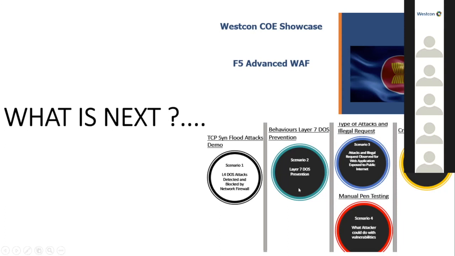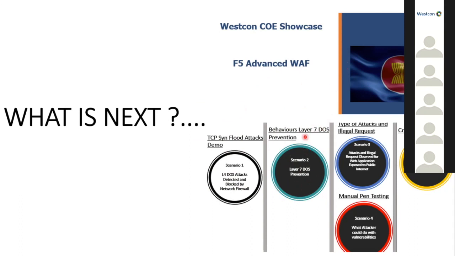In scenario one, we will launch a layer 4 SYN flood attack, and this SYN flood attack can be blocked by the network firewall. So this will be handled by the next-gen firewall of other vendors. In the next scenario, we will trigger a layer 7 DoS attack. What we know is that a network firewall is not able to block layer 7, but we have included F5 Advanced WAF in the second tier.